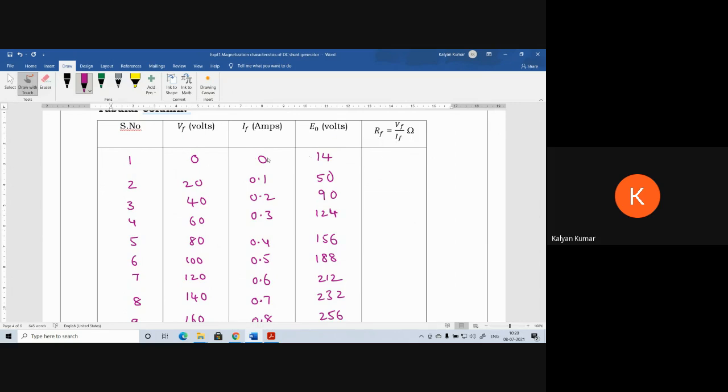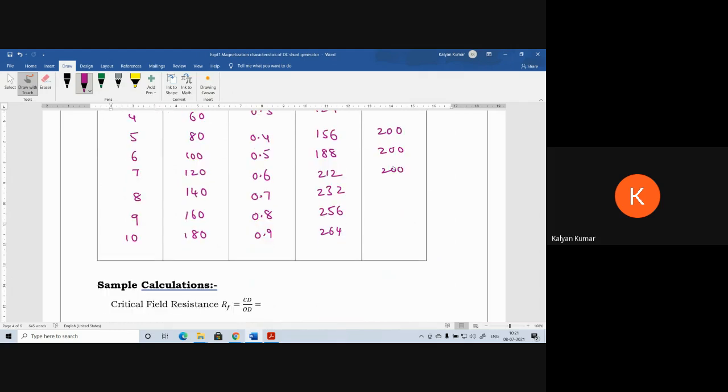VF by IF gives the field resistance, that is field voltage divided by field current. Like this, we need to complete the calculations. It is 200, it is also 200, 200. So we are getting the field resistance as 200 ohms.